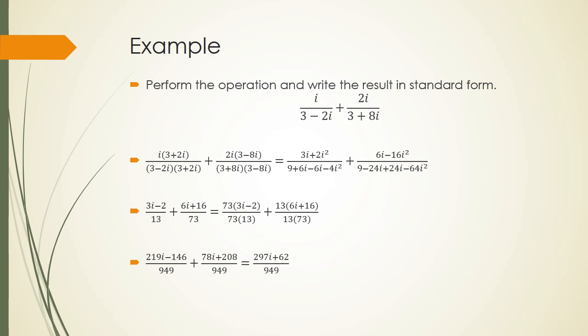We adjusted the numerators for the new denominator and combined like terms. And again, you would need to split this up into 62 over 949 plus 279i over 949 to truly be in standard form. You do need to put the 62 first because the term with the i needs to come second.